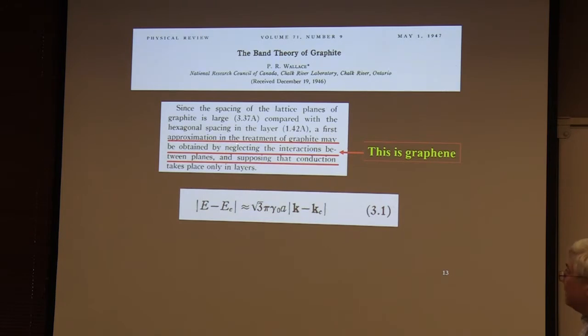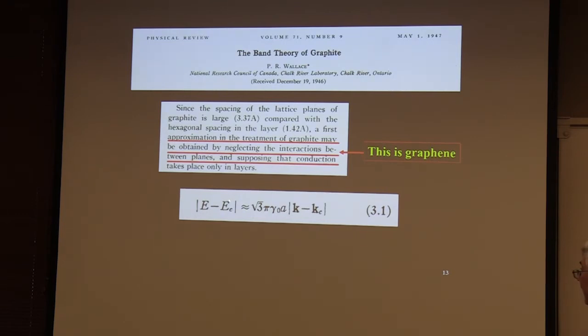A first approximation in the treatment of graphite may be obtained by neglecting the interaction between planes and supposing that conduction takes place only in layers. So with this approximation, he is calculating graphene. And he used the tight binding method. Some of you already know the tight binding method. You can use first principles, and I will show you how the band structure looks.